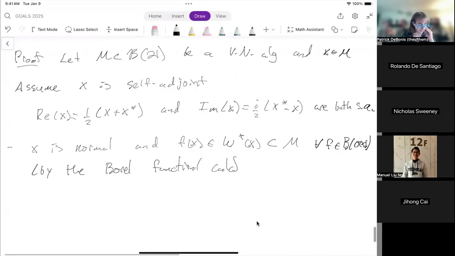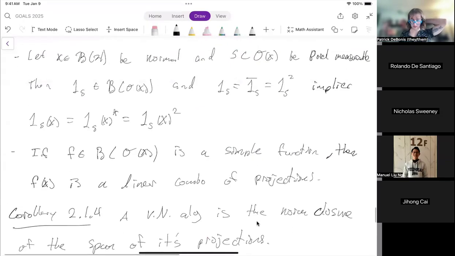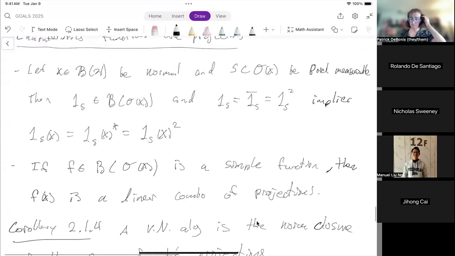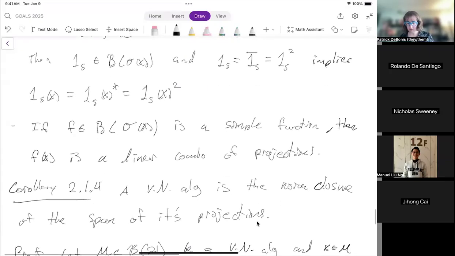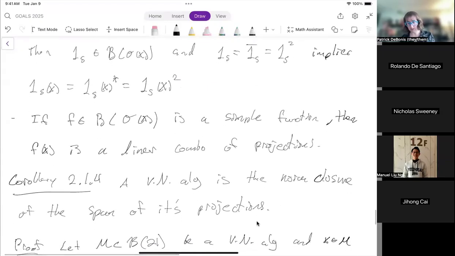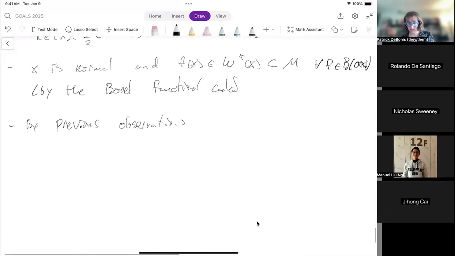And by the previous observations, up here where we saw that characteristic functions correspond to projections, and a simple function is a linear combination, f of x is a linear combination of projections.